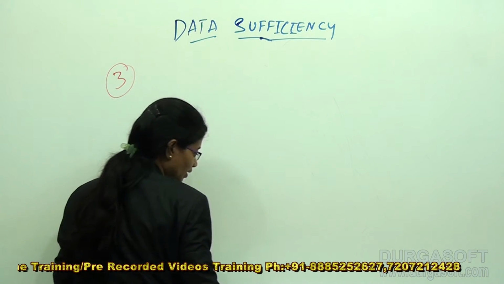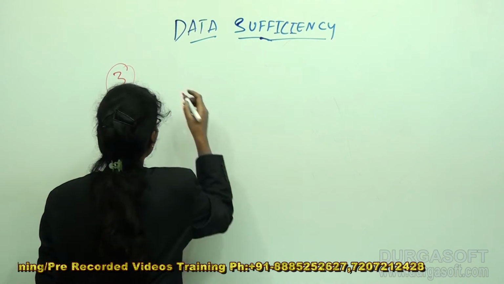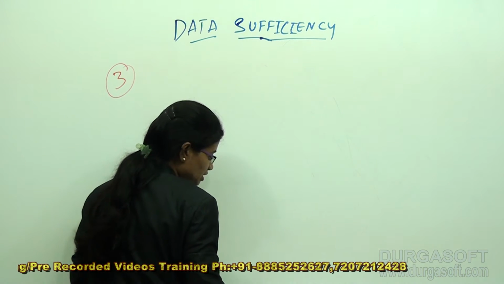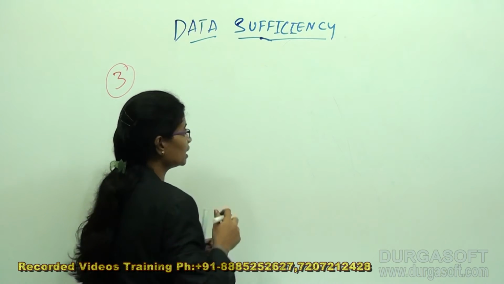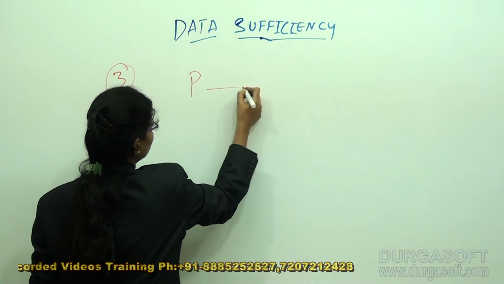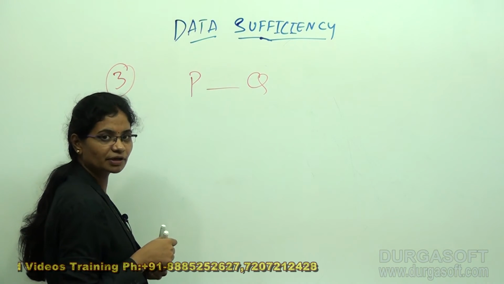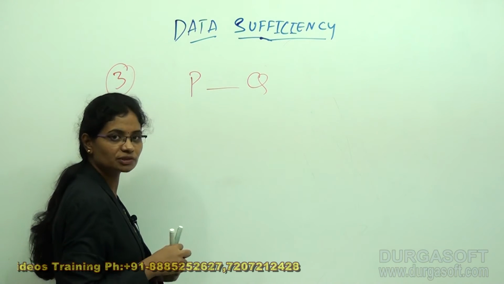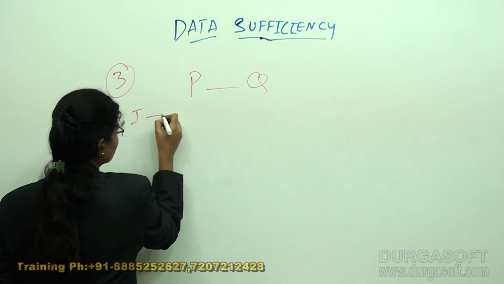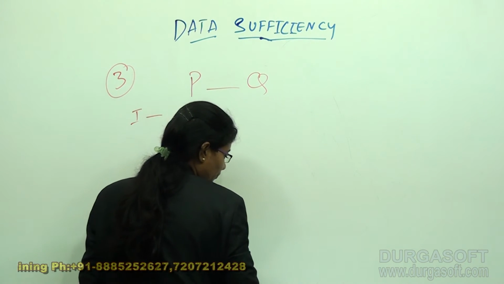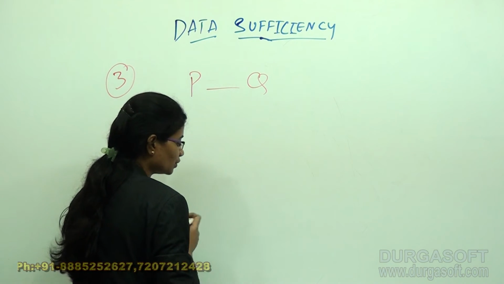Next problem, we'll try to solve from ranking test. The question is, how many children are there between P and Q? We have to know how many children are in between P and Q in a row of children. The statements are: first, P is 15th from left in the row.